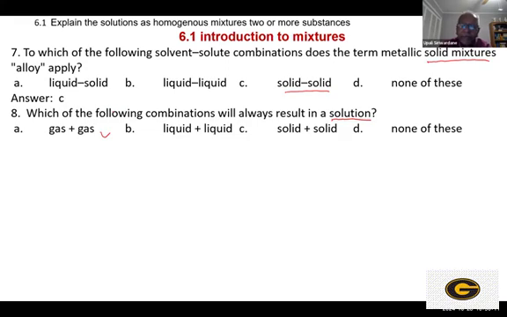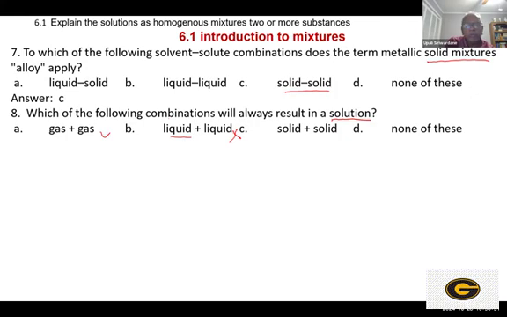Liquids, when you mix them, sometimes they separate out depending on the concentration of one liquid. If you add more liquid, it separates out.